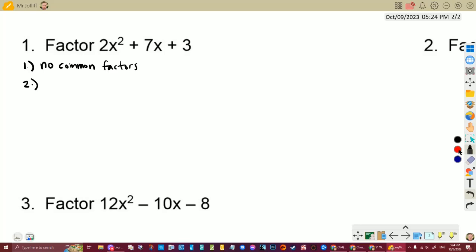And in step 2, I'm looking at A, B, and C. So A is 2, B is 7, C is 3. And we want to do A times C. So that's going to be 2 times 3, which is 6. And B is equal to 7. And we're looking for a pair of numbers that multiply to 6 and add to 7.